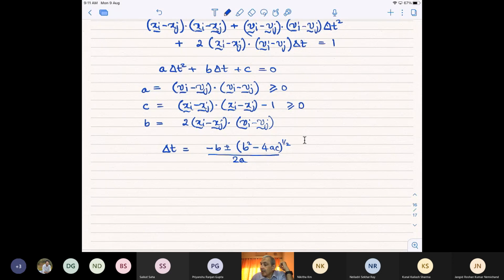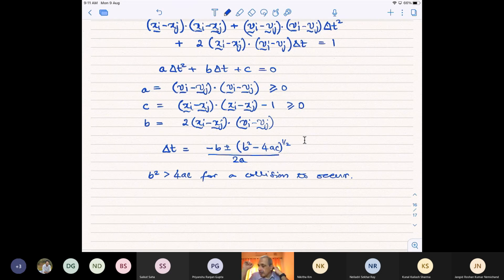So your b must be large enough. You must have b squared greater than 4ac for a collision to occur. If this is not satisfied, then the two particles will never collide, no matter what the time.